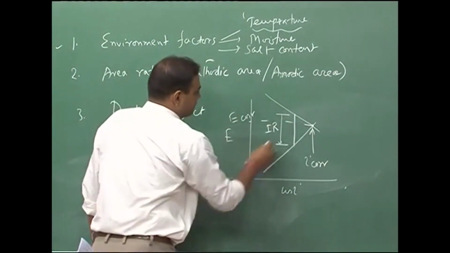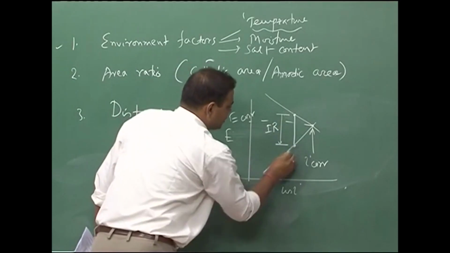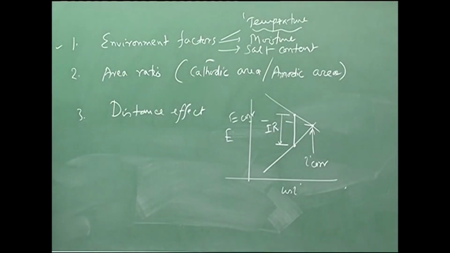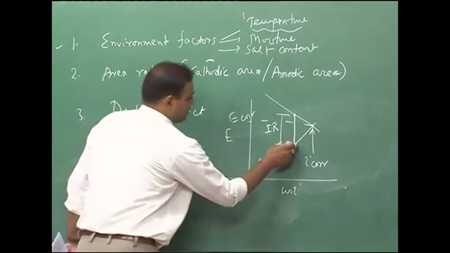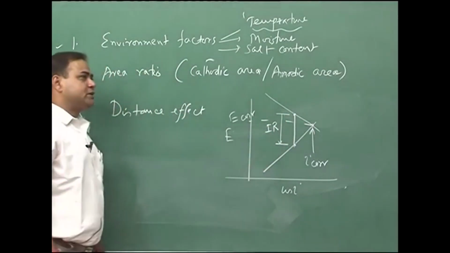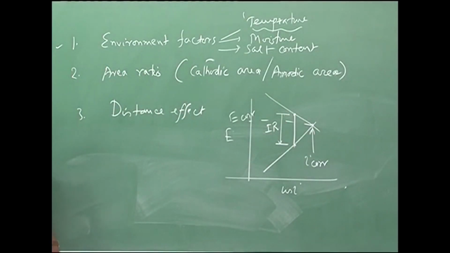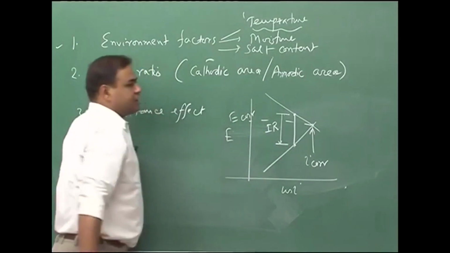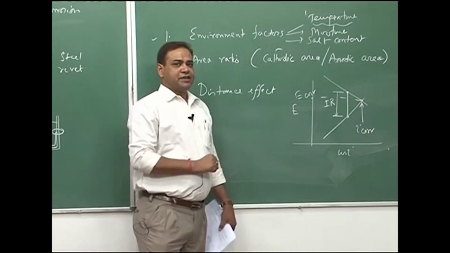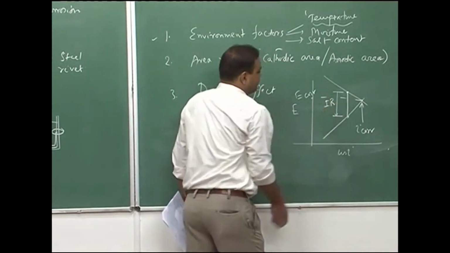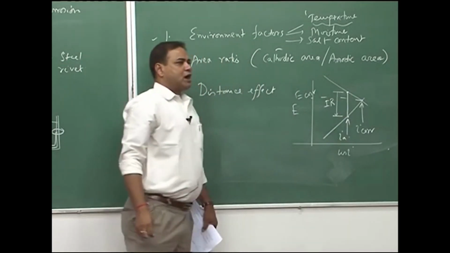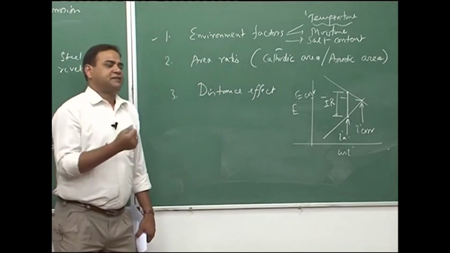If there is IR drop, then my corrosion current, or the current density corresponding to anodic dissolution, is from here to here. So, initially it was here when the electrolyte was highly conducting, but in this case the electrolyte conductivity has reduced, or the other way around, electrolyte resistance has increased, and there is IR drop, and so the current density corresponding to I A has decreased.